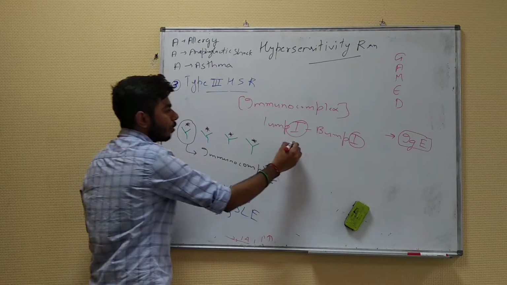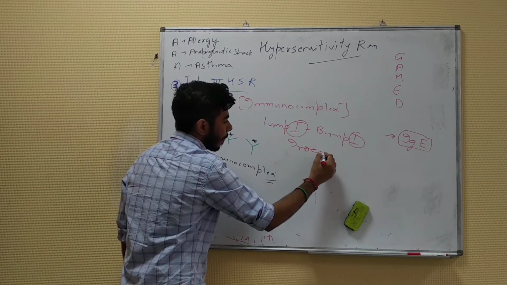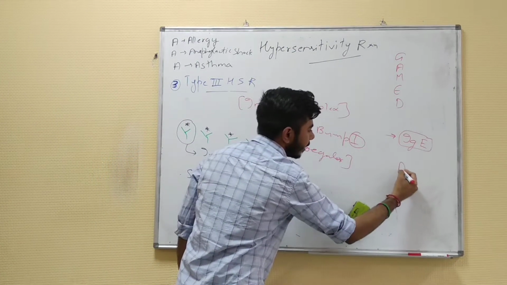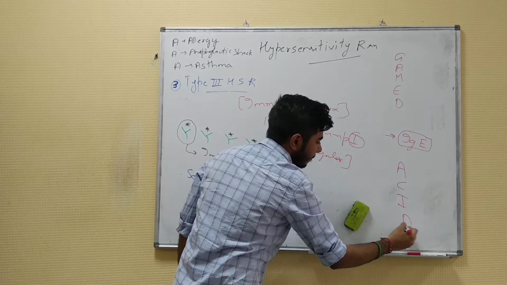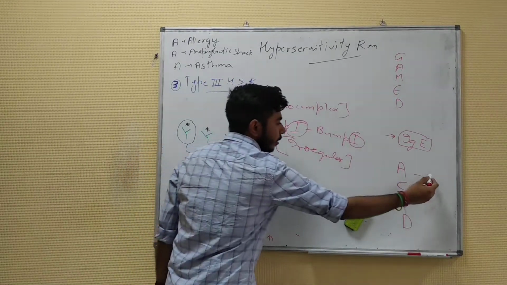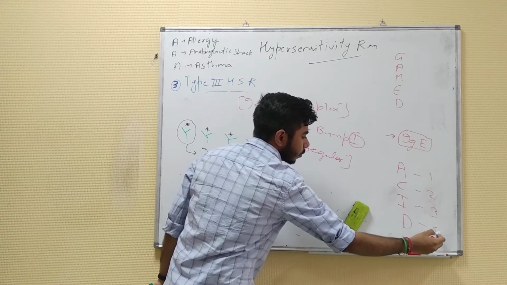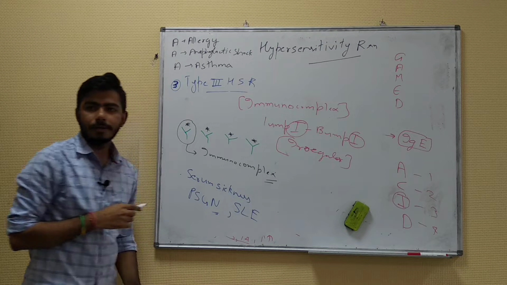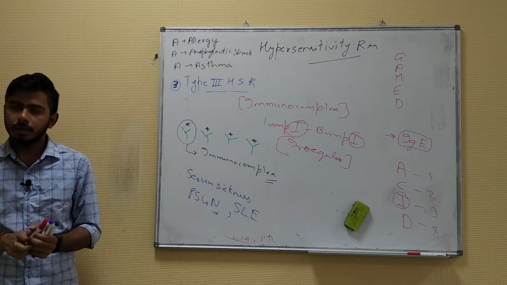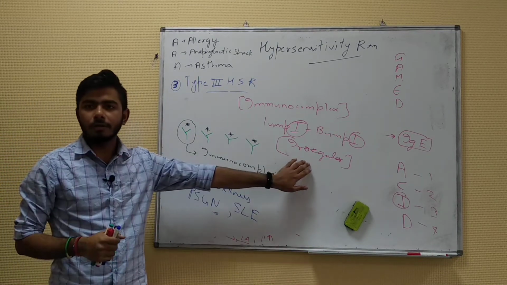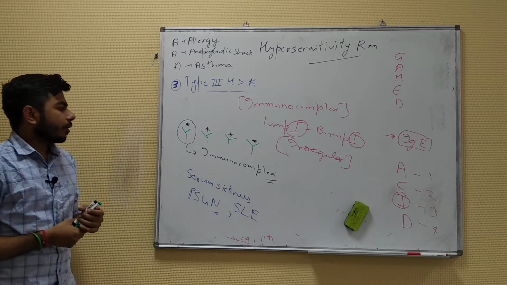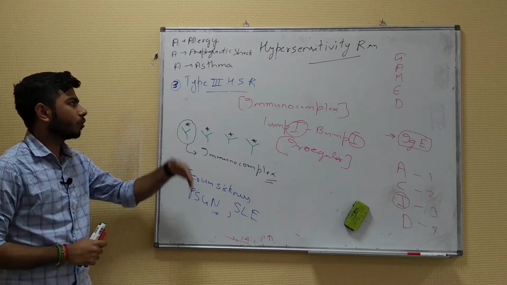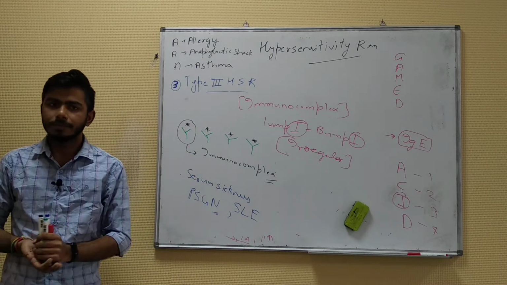Lumpy bumpy means irregular fashion, in type 3 only, right? So I for immunocomplex as well as I for lumpy and bumpy appearance can be seen, which is the irregular fashion. Fine. So D, the fourth one, delayed. D for delayed kind of hypersensitivity. So let's move on to type 4 hypersensitivity.